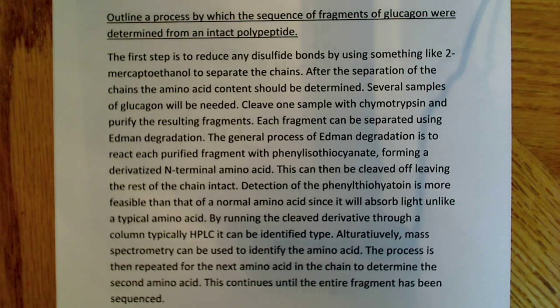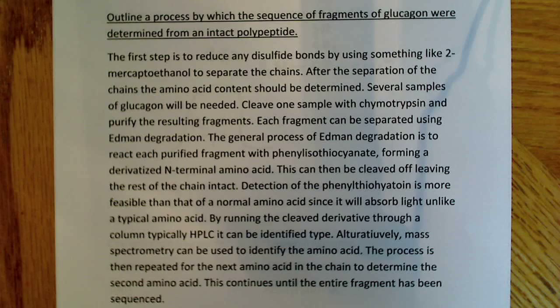Alternatively, mass spectrometry can be used to identify the amino acid, if you'd rather use that technique. The process is then repeated for the next amino acid in the chain to determine the second amino acid's identity. This continues until the entire fragment has been sequenced.